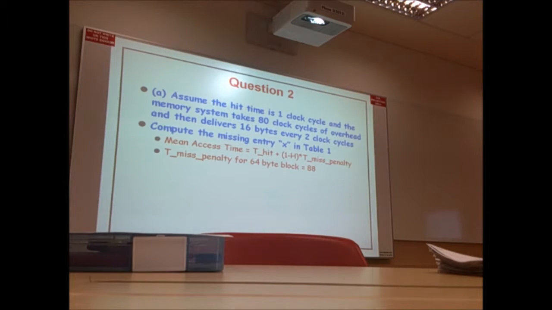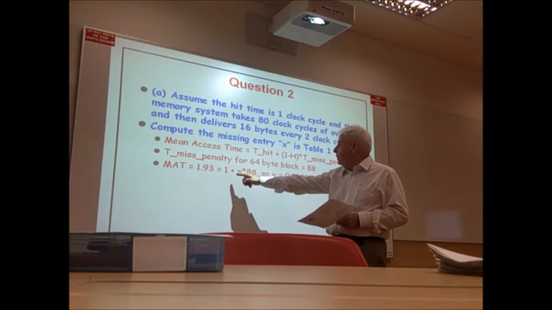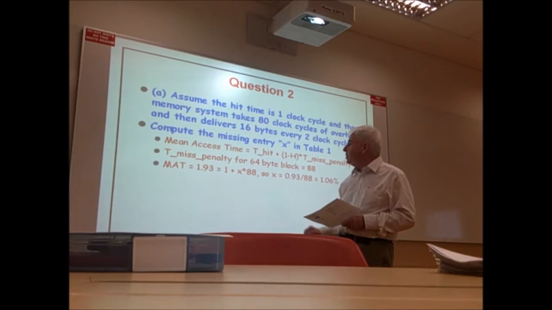So the miss penalty for 64 bytes is 88. We can put our x into the formula. So the mean access time is going to be 1 plus x times 88.